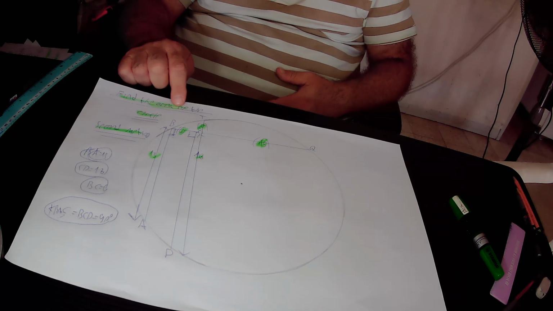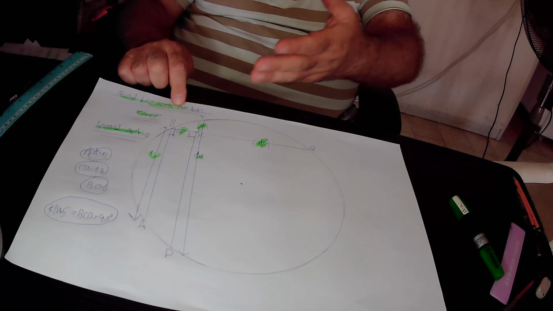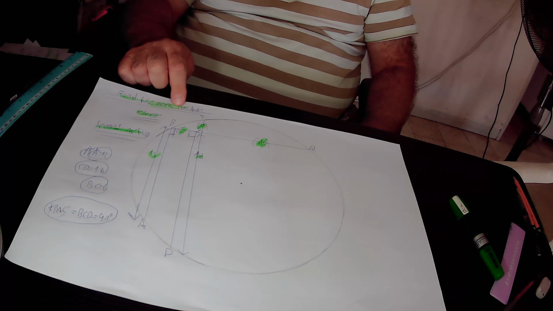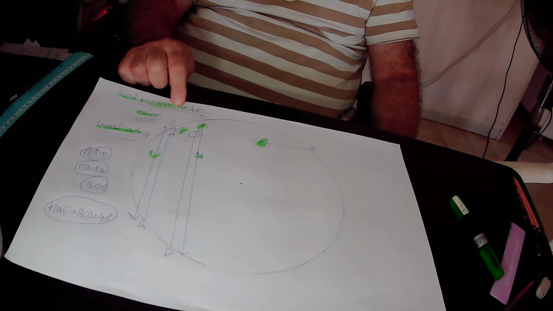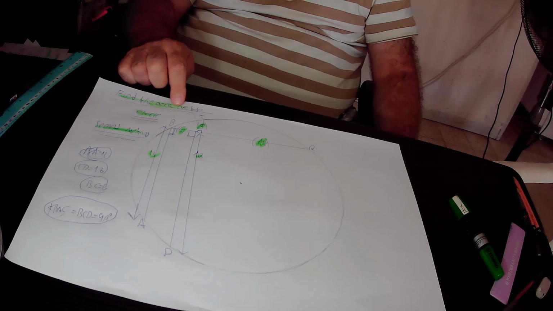In the second method, we use rule 26. Whenever you have two chords that intersect with each other at a right angle, you can implement rule 26.